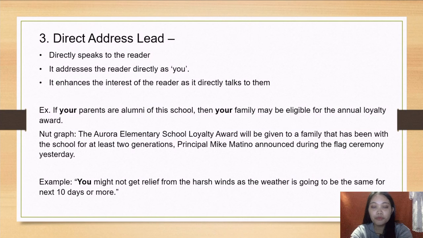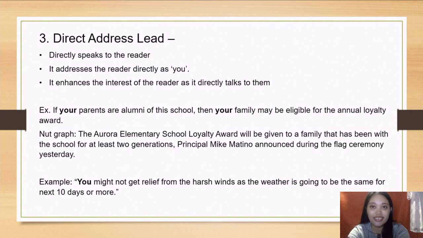So in the first example, "If your parents are alumni of the school, then your family may be eligible for the annual loyalty award," we cannot really see the content of that statement, right? So there is a nut graf.